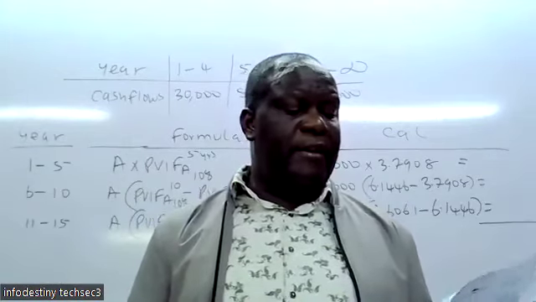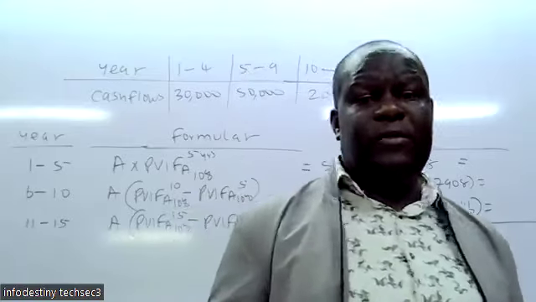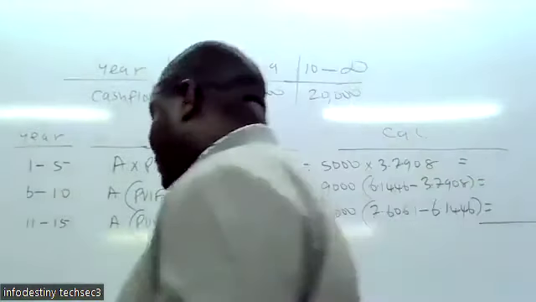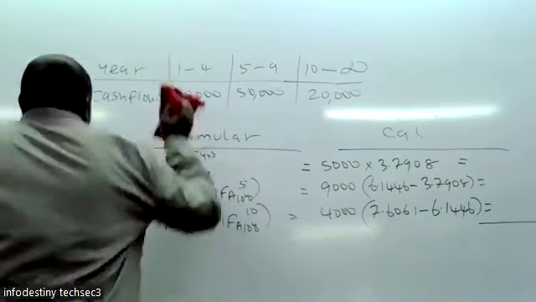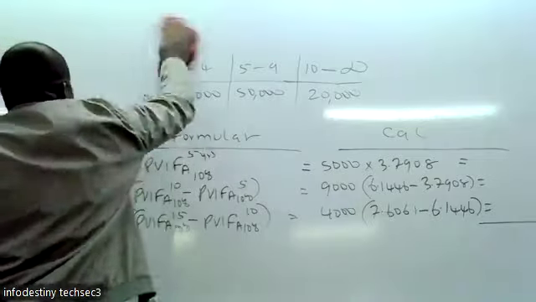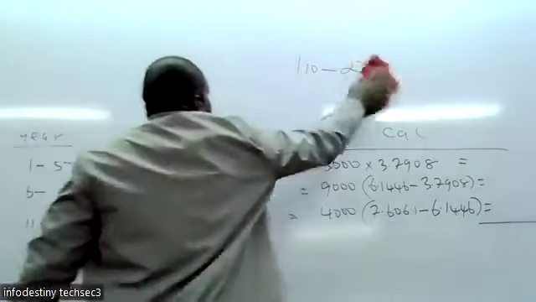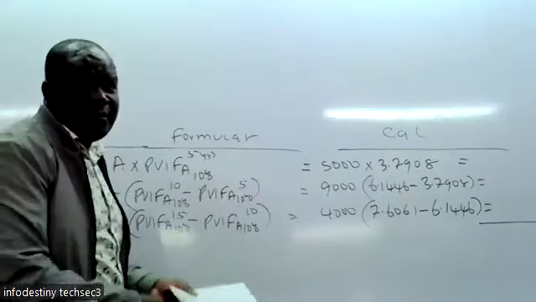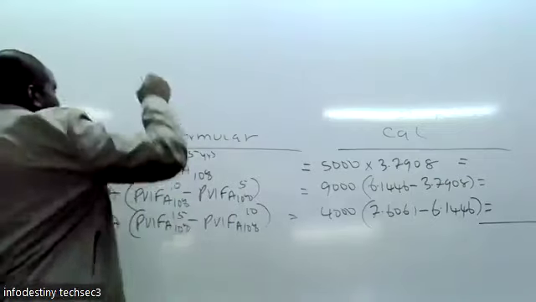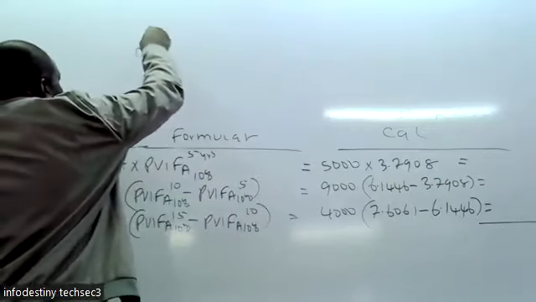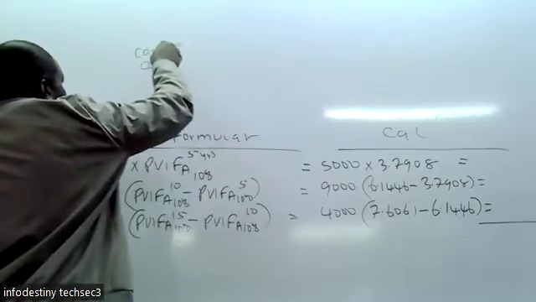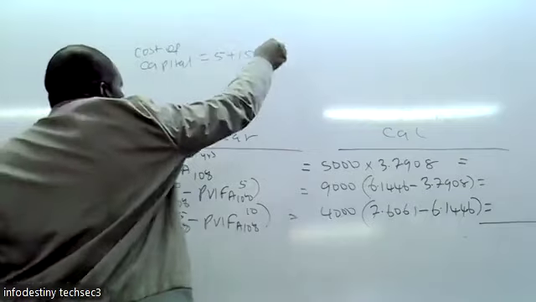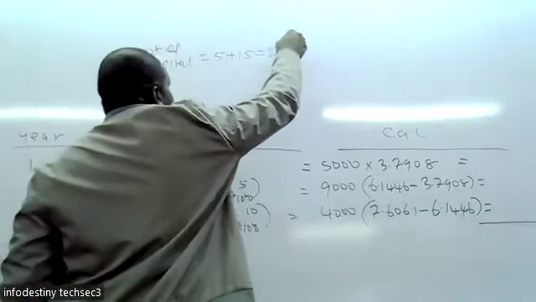So our cost of capital is 5 plus 15, which is 20.